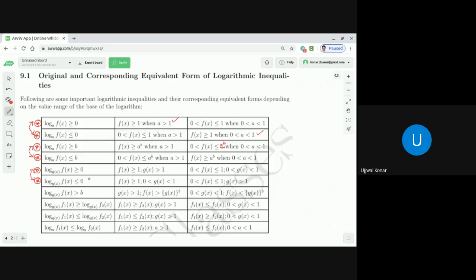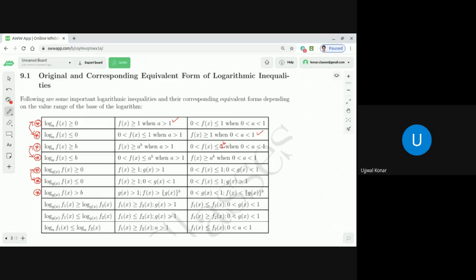Earlier we discussed greater than equal to 0, now we are greater than b. So log of fx base gx greater than b implies that if gx is greater than 1, then fx should be greater than gx to the power b. And if gx is in between 0 and 1, fx should be less than gx power b. Correct, no, dear students?